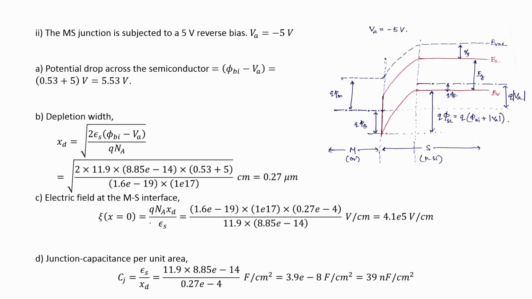So let us jump into the next part where it is given that now the junction is reverse biased. So basically you have this metal semiconductor junction, which is a p type silicon, this semiconductor. Now in case of reverse bias, the metal will be at higher potential and the semiconductor will be at lower potential.